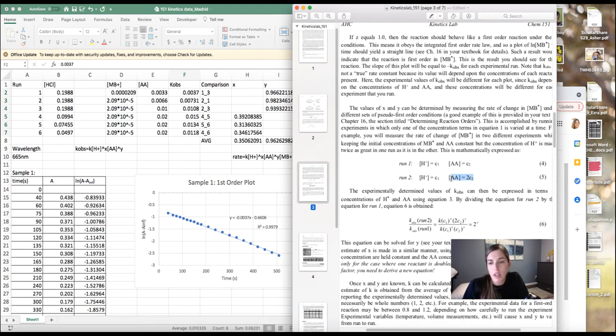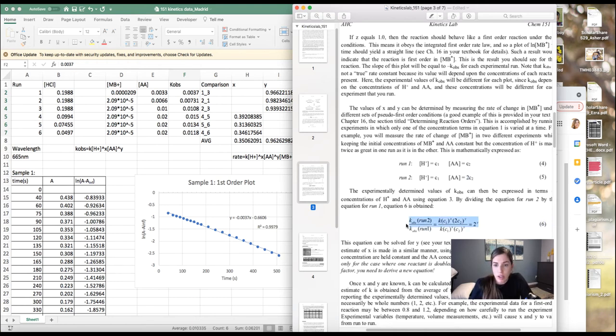And remember when we were talking in class in chapter 16.3 from the Silverberg book, we discussed how if we are trying to determine the rate law for a reaction, we need a series of experiments in which only one of the concentrations changes between 2 experiments. And we can compare those rates, the observed rate constants, the concentrations, whatever information you have to determine what the order of a particular reactant is.